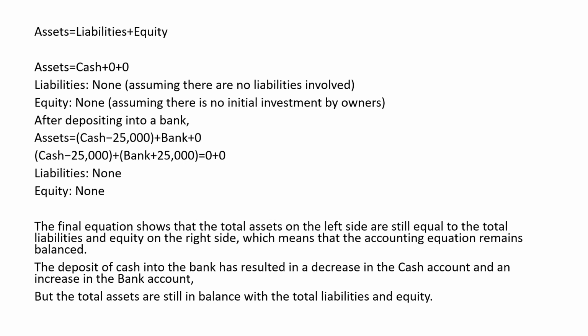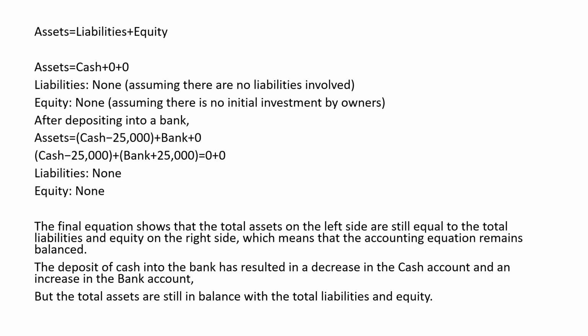So you find cash minus 25,000. Whereas in the bank account, you find an addition, the plus symbol, wherein the same cash is being deposited into the bank. Since both cash and bank represent assets, there is neither increase nor decrease, and the asset remains the same because the same cash is being deposited into the bank. So in the asset, there is no change and it remains equal.